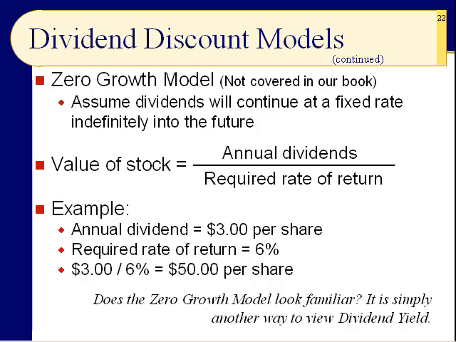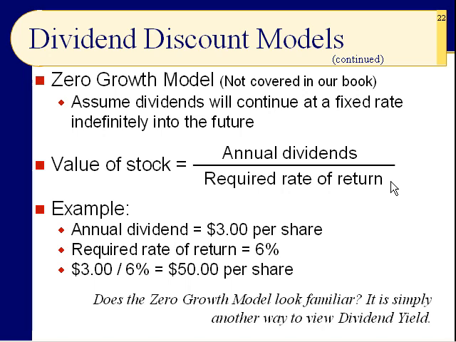Slide 22. Let's take a look at the first dividend discount model. This is called the zero growth model. This assumes that dividends will continue at a fixed rate indefinitely into the future. And so what we take is the annual dividends and divide it by our discount rate, our required rate of return.